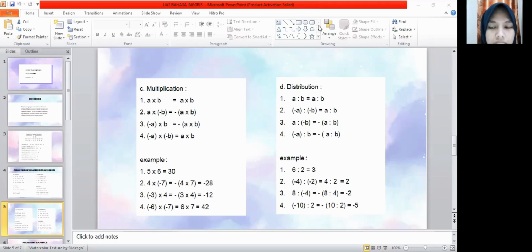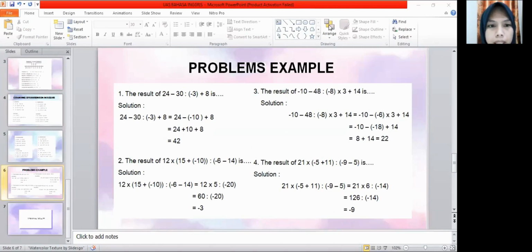Number 3, 8 divided by negative 4 equals negative 8 divided by 4 equals negative 2. And the last, negative 10 divided by 2 equals negative 10 divided by 2 equals negative 5.